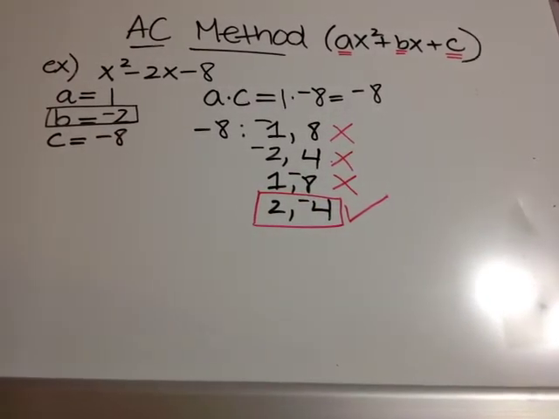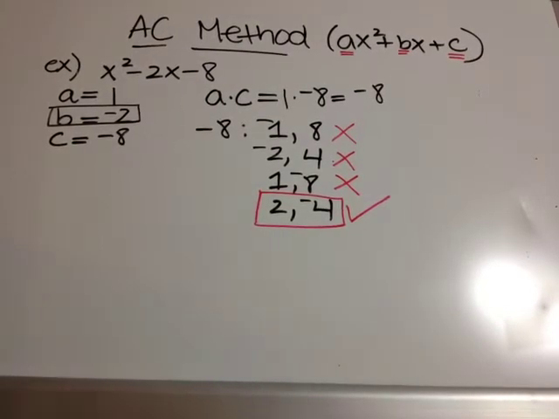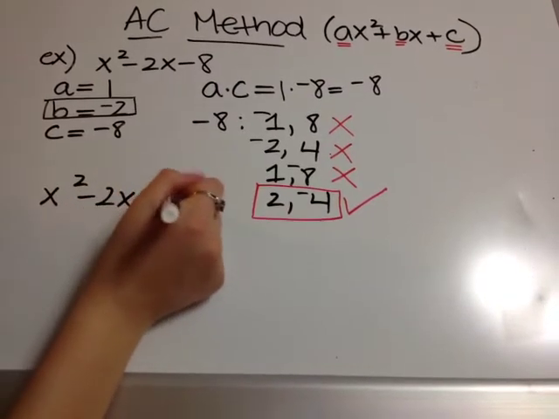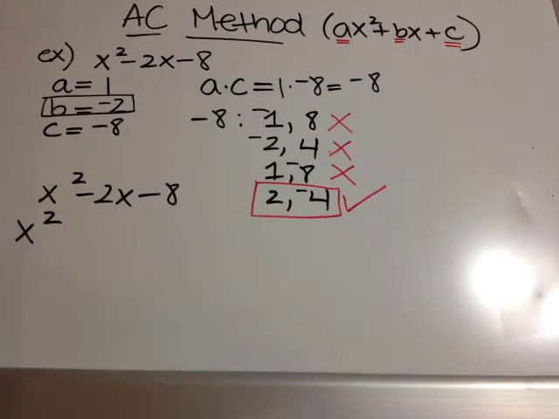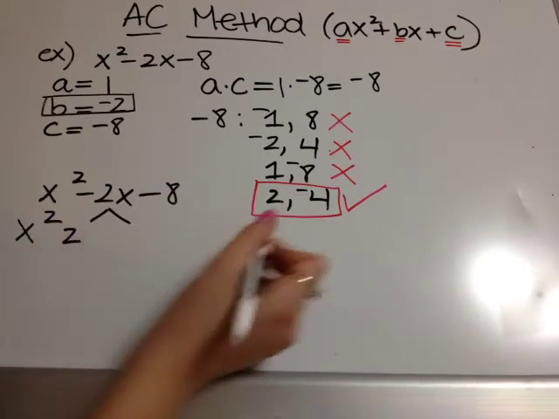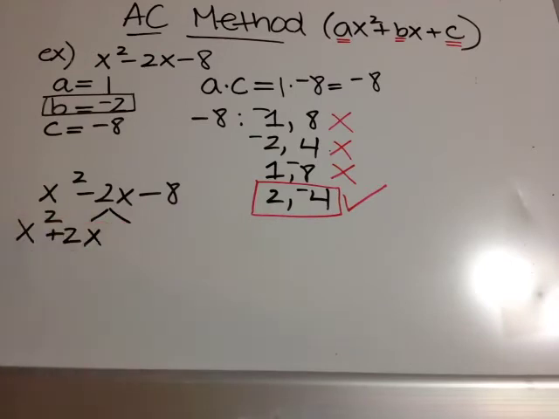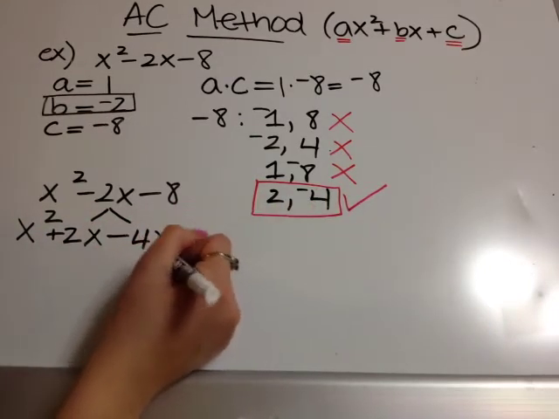Okay, so now that we know our pairs, all we have to do is write down our original. Let's copy down the first term again. Now, we're going to split our middle term into two different terms. We're going to use our first number, which is 2x, and then we're going to use our second number, which is negative 4x.